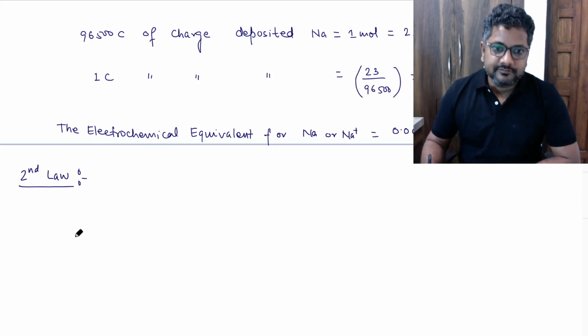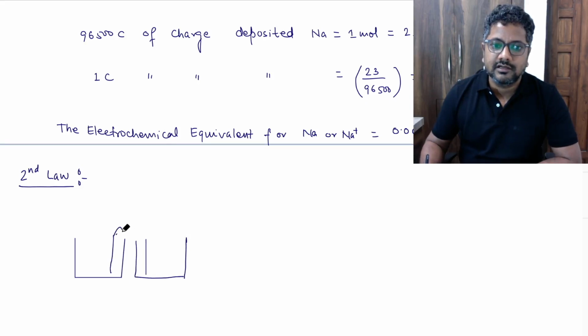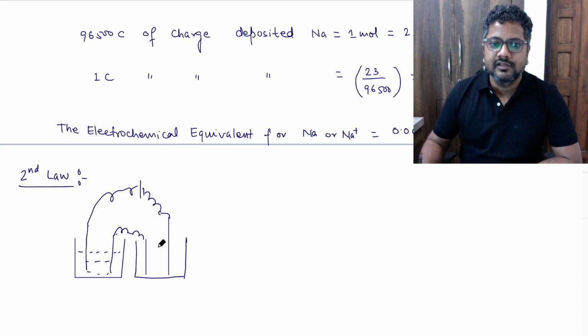In the second law, suppose that we have taken two voltameters, electrolytic cells also called voltameters, and they are connected in series. We have taken different electrolytes.